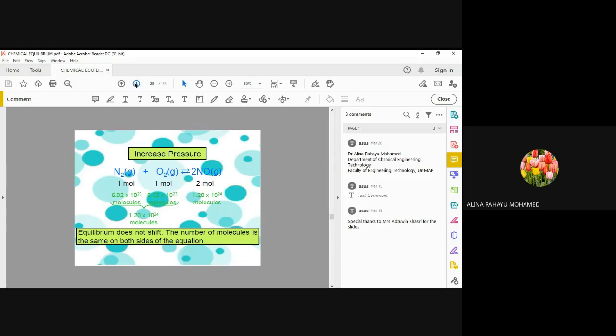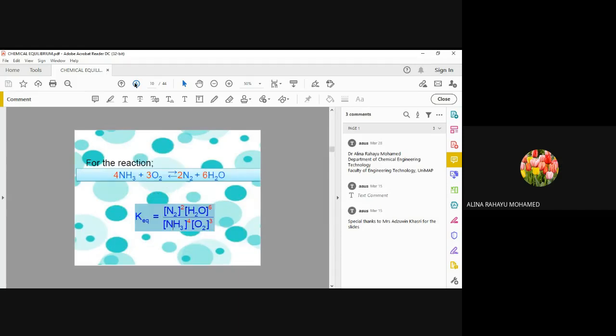The total number of molecules is 1.2 times 10 to the power of 24, because 2 moles times 6.023 times 10 to the power of 23. On the right hand side we also have the same number of molecules. Therefore, in this case, the equilibrium does not change. The number of molecules is the same for both sides of the reaction.